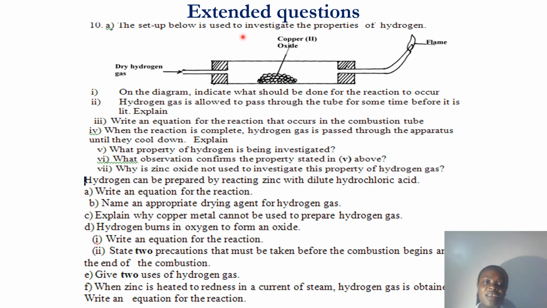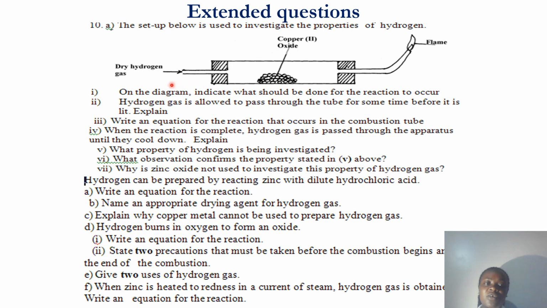So at the end here we have extended questions. So we can answer maybe the first question together. The setup below is used to investigate the properties of hydrogen. So this is what we have just learned. Dry hydrogen is passed through a combustion tube containing copper 2 oxide, and then at the end here we have a flame.